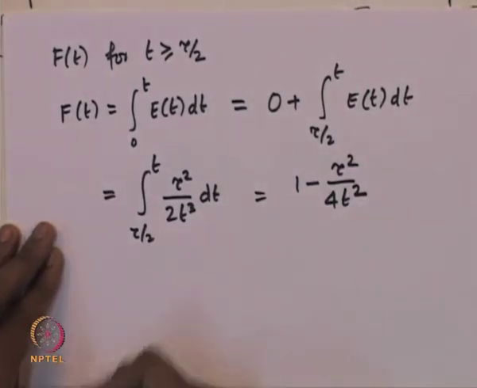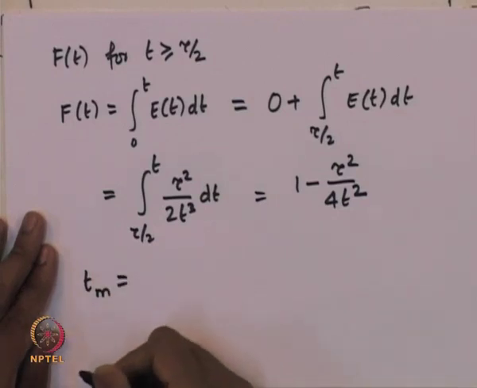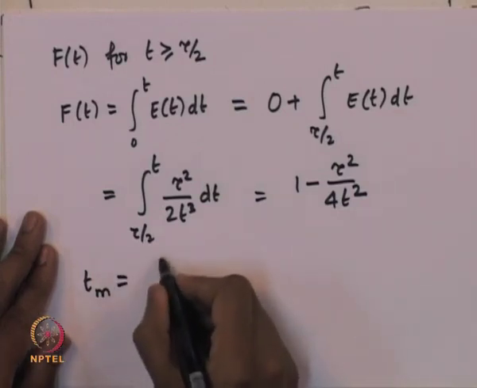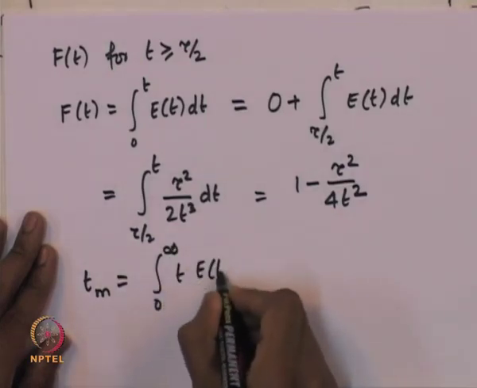So, therefore, the mean residence time, which is one of the properties of the residence time function, is given by the integral 0 to infinity of t E of t dt.